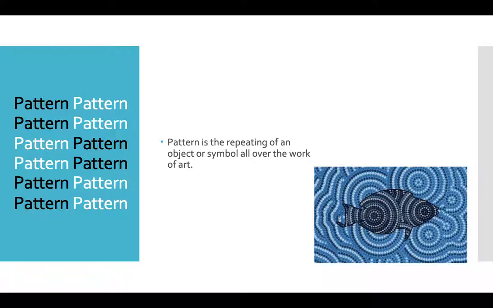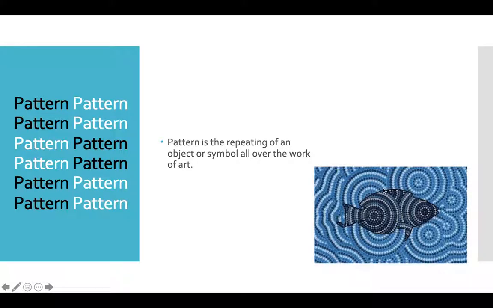All right, next we have pattern. So pattern is just having a repetition of an object or a symbol within the artwork in a manner in which you know what's going to come next. So it's a very determined repetition. So on this one here, we have the repetition of colors.